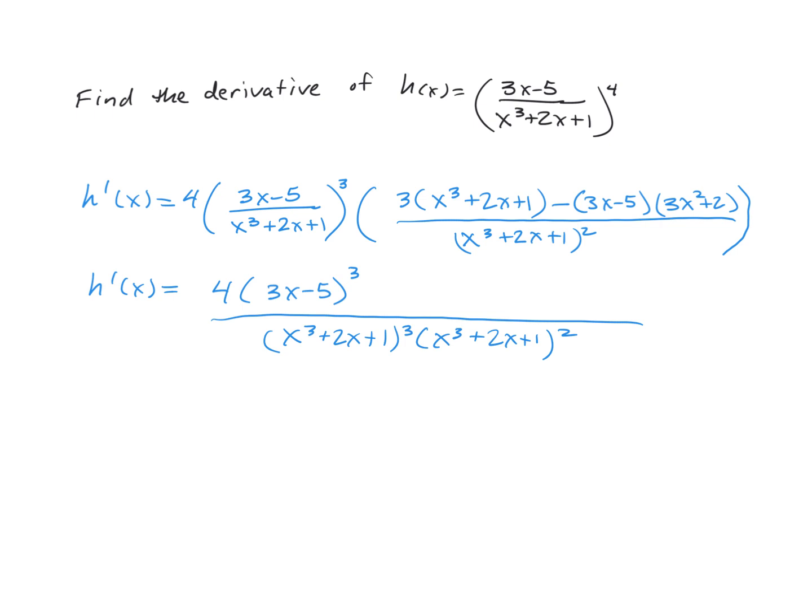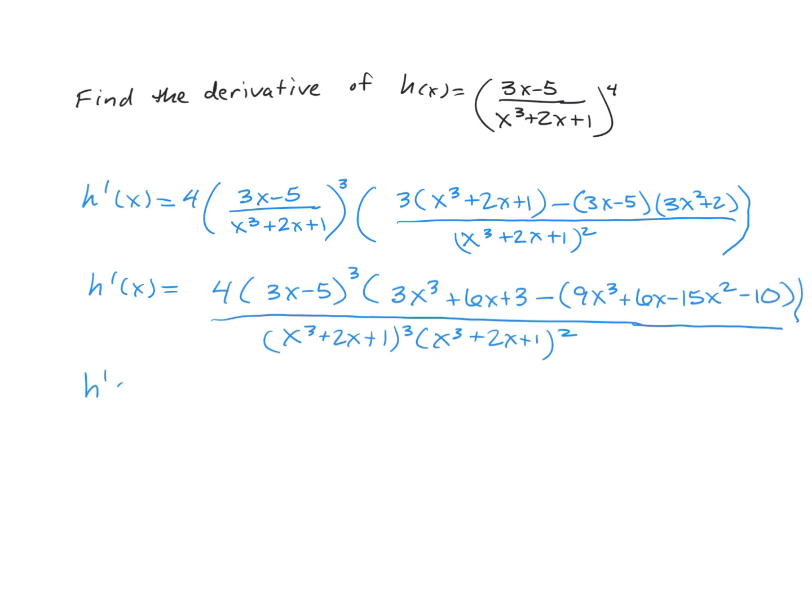And now we can go ahead and start distributing and multiplying out what's upstairs. So we've got a 3x cubed plus 6x plus 3 minus the quantity 9x cubed plus 6x minus 15x squared minus 10.